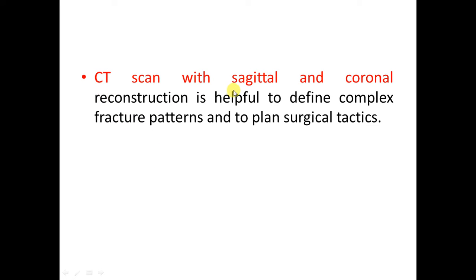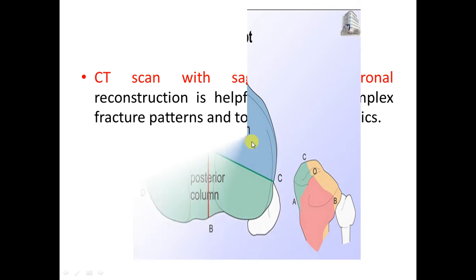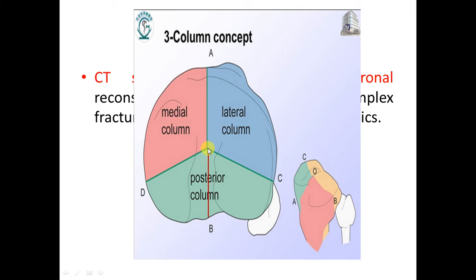CT: sagittal and coronal, and for me, the most important is axial. This is the point in the intercondylar notch between the medial and the lateral tibial eminence. This is a point in between. Then to the proximal tibiofibular joint, and this is the posteromedial crest of the tibia.